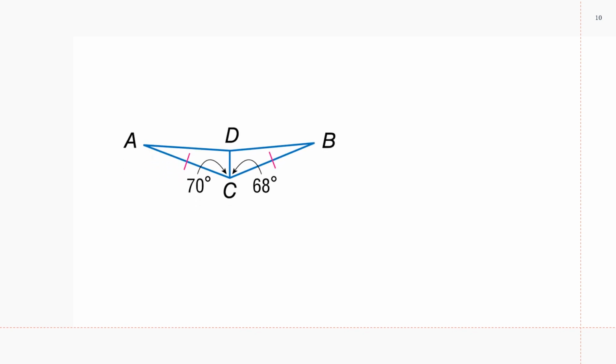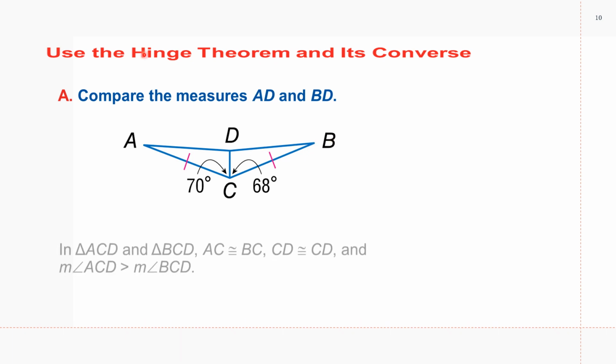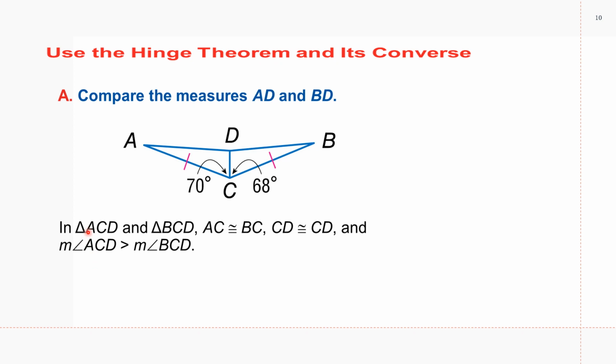So we got here an example. Use the Hinge theorem and its converse to compare the measures of AD and BD. So we have here AD and BD. In triangle ACD and triangle BCD, AC is congruent to BC, and CD is congruent to CD, and the measure of angle ACD is less than the measure of angle BCD.